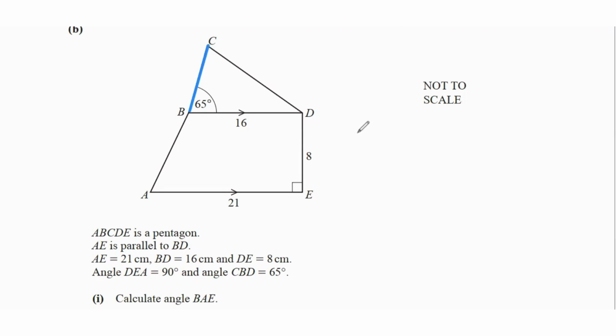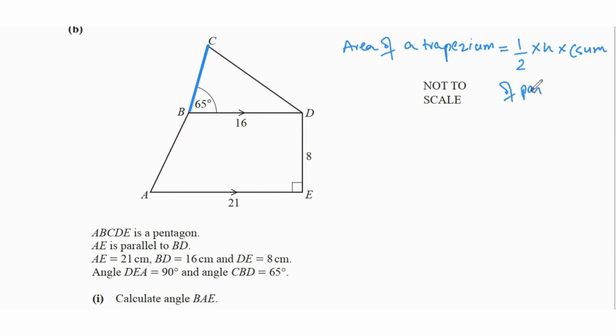So we know that the part ABDE is a trapezium. The area of a trapezium is one over 2 times the height times the sum of parallel sides.